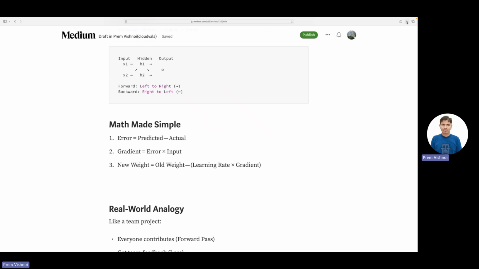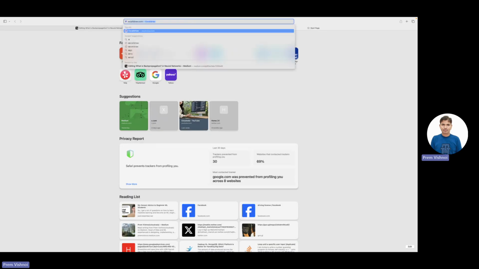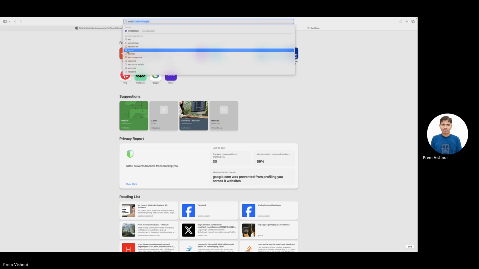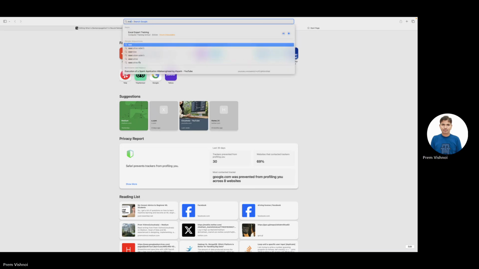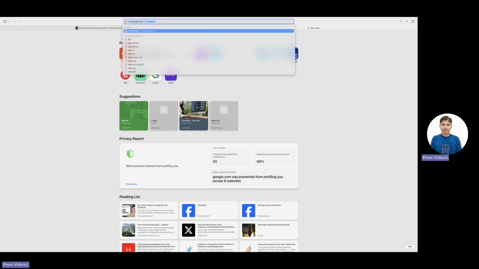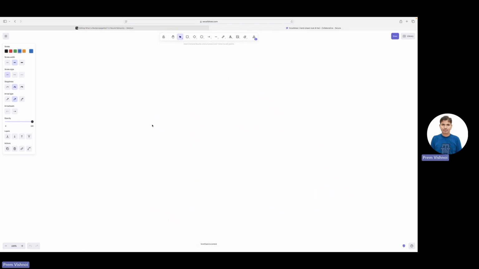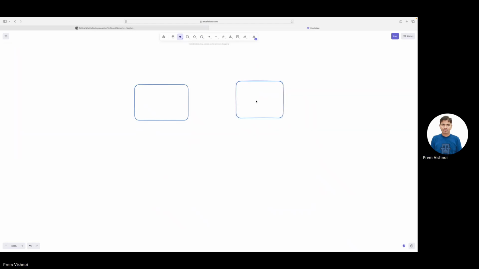So this is how it can go. I'm going to use an Excel row, which is what I used before. Neural language is very simple. This is the input layer and this is the output layer.